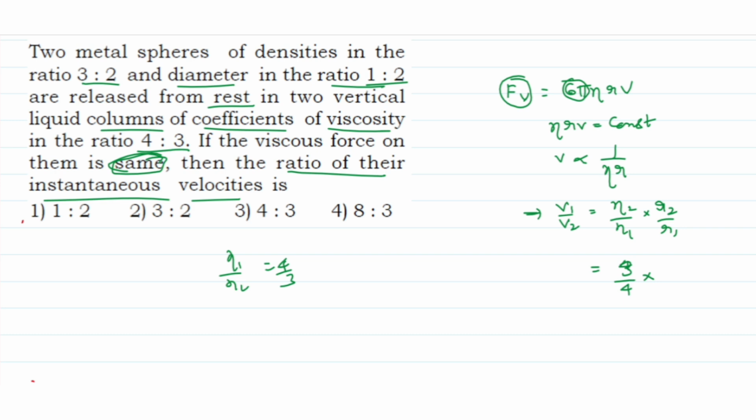If we take r equal to d by 2, r1 equal to d by 2, r2 equal to d by 2, the 2 gets cancelled. Only the ratio of the radii remains, r2 by r1, which is 2:1. So 2 twos are, and we get v1 by v2, the ratio they are asking, which is 3 by 2. This is the ratio of the velocities.